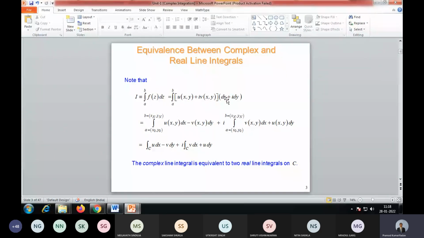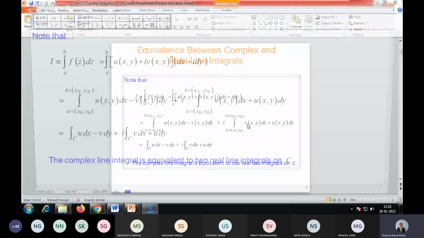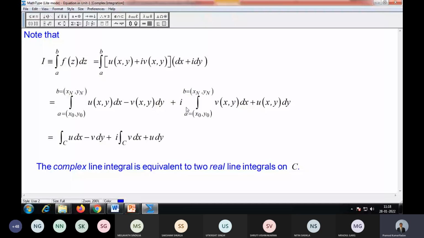So (u plus iv)(dx plus i dy) means (u dx minus v dy) plus i times (u dy plus v dx) is written here. And the integration from a to b, where a means (x0, y0), that is z0, and b means capital Z_n, that is (x, y). So it is going to be written like this.